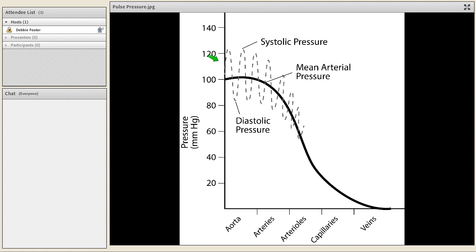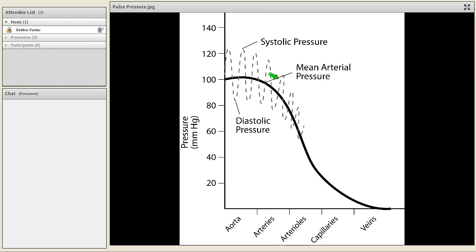So here's another example with systolic pressure, where at the highest point of contraction, all that blood's coming through, and then the lower pressure, where the vessel's completely at rest and the valve is closed and there's no blood going through, that's diastolic, or pressure at rest. And so the mean arterial pressure is a portion of that. It's not quite half. A lot of students think it is, but it's not quite.